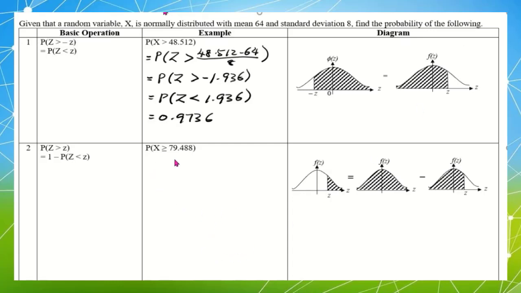Now let's try another example. Here I want to find the probability x greater than or equal to 79.488. So first, I'm going to change x into z, and I use 79.488 minus the mean 64 and divided by the standard deviation 8.